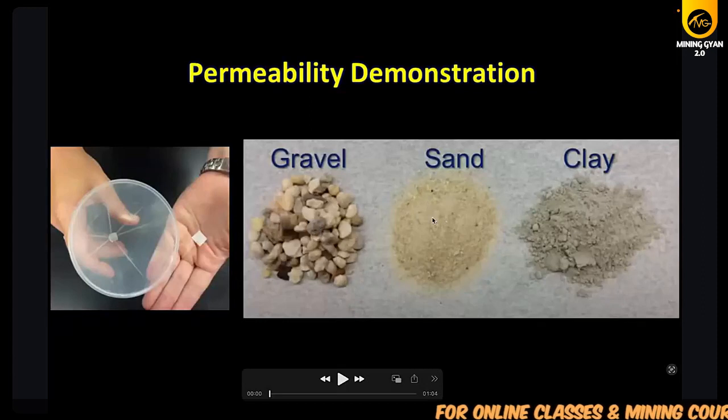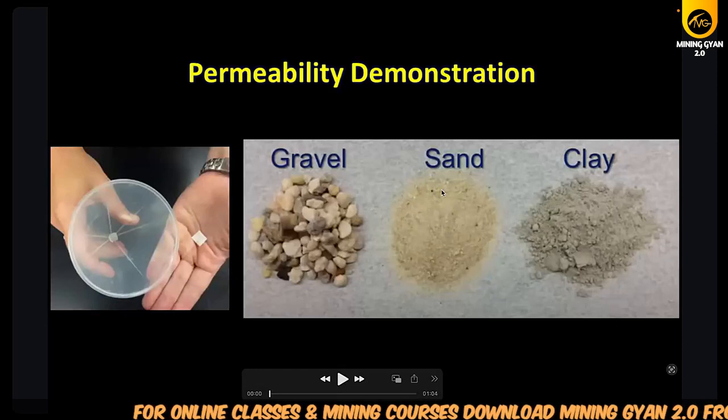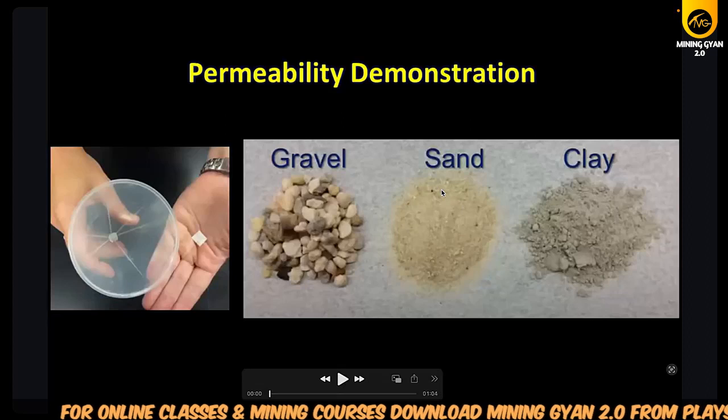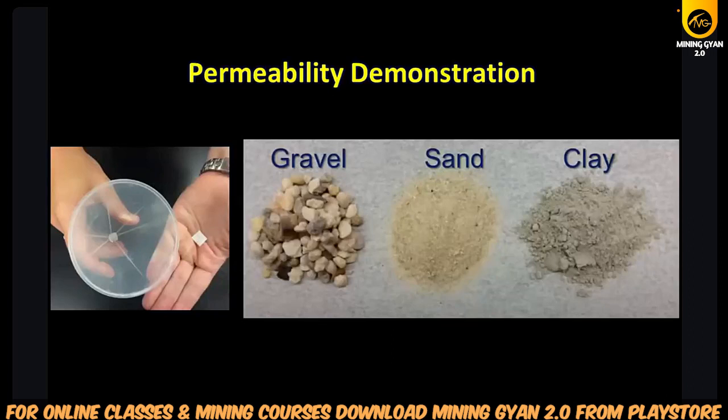In the sand you will find fewer voids or pores, so water or air will be less in the sand. In the clay, the space between the particles is very small, so water storage and air storage will be very little.